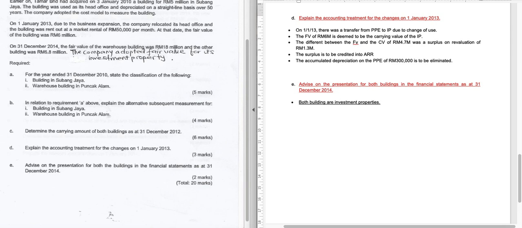So the warehouse is presented in the SOFP at the fair value of RM 18 million. Is that correct? The warehouse is shown at the fair value of 18 million.